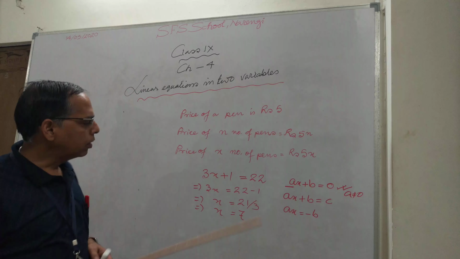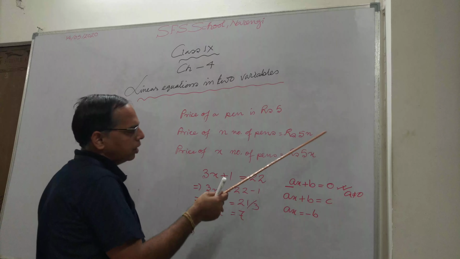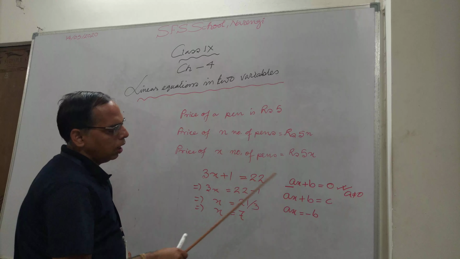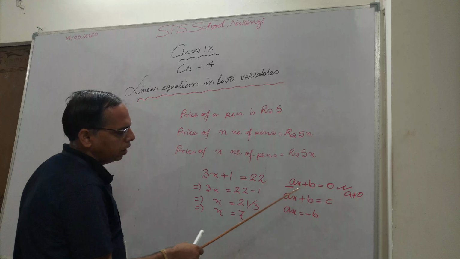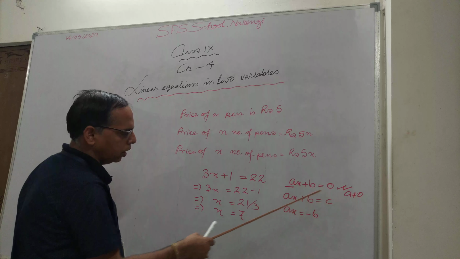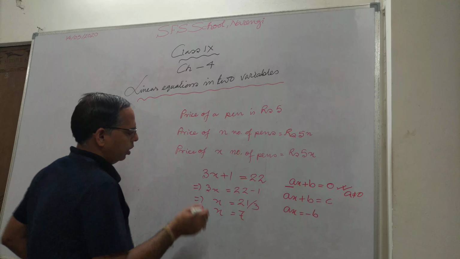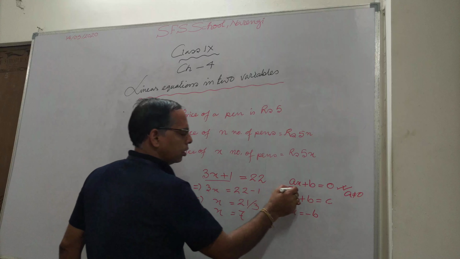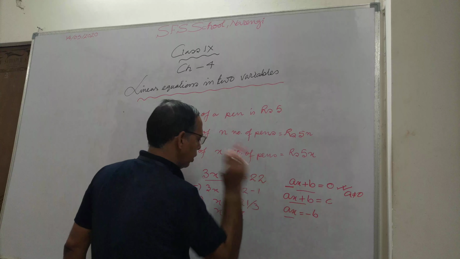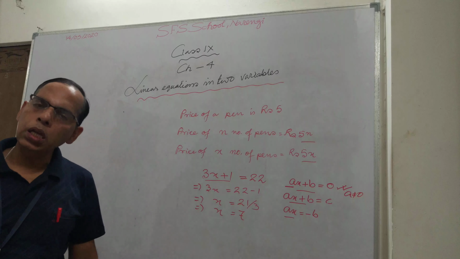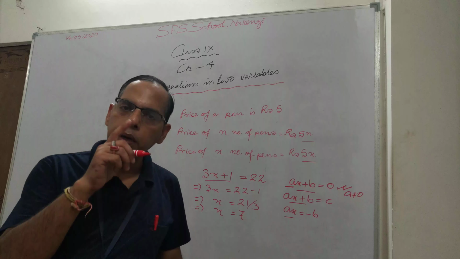If you see, first I have written 5x, then 5n, then 3x plus 1, and ax plus b equal to c, or ax equal to minus b. Each one of these is an algebraic expression.